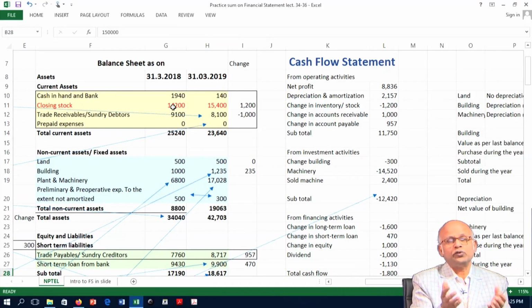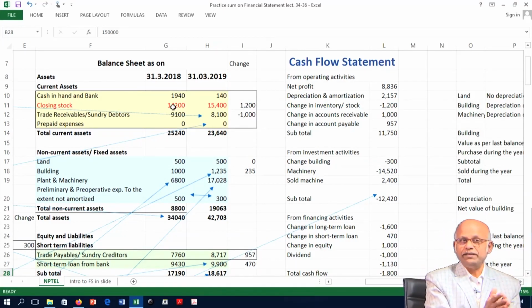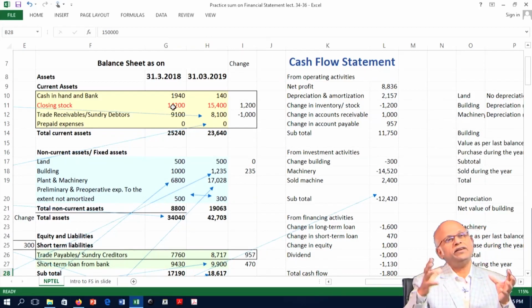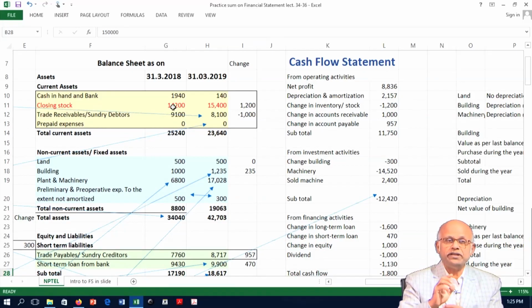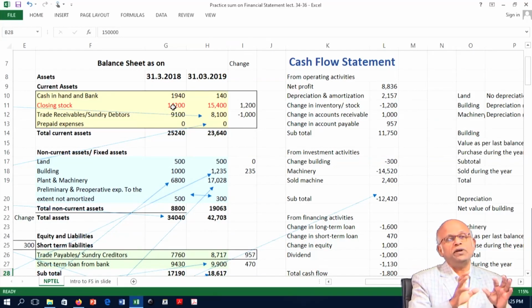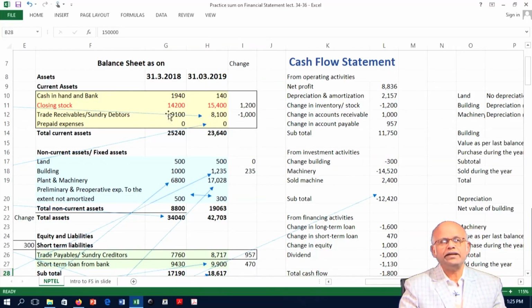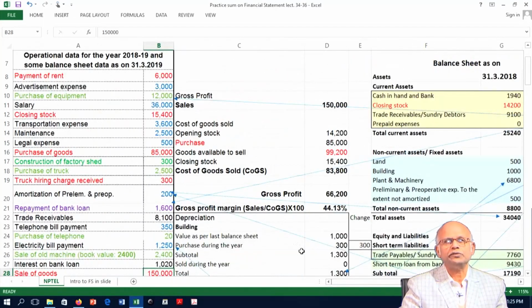Those goods are, first of all, the opening stock that was there, then what you bought, but these are the available stock which you could not sell in entirety. Something remained as closing stock of the current year. That means something remained unsold on 31/3/2019, and that remains as closing stock, which is to be deducted from the available stock. Let us see that and then estimate the stock that we consumed.